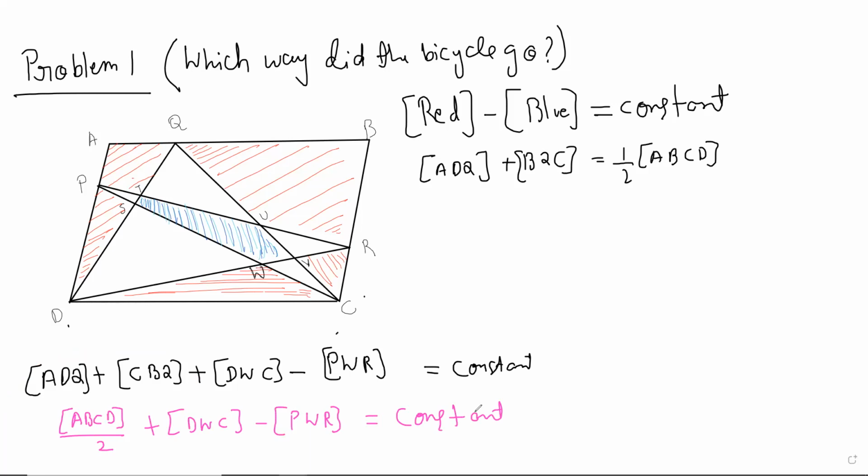Can we replace this by DQC? You're saying to replace ABCD by 2 times DQC. Yes, this looks like a good step, right? We're bringing everything to DQC. I'll just write it here formally, this is the same as DQC. That's just obvious.